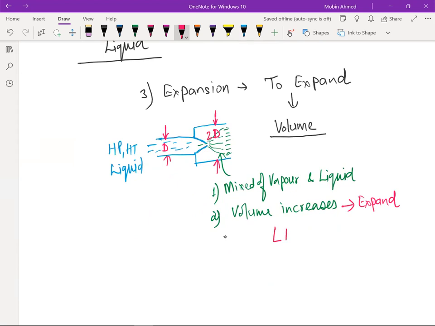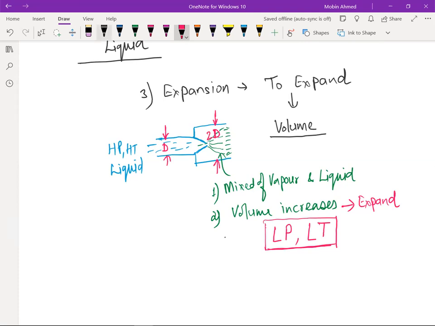It is going to be low pressure. And the temperature also is going to decrease. So it is going to be LT and LP. Both will be there during the expansion. Temperature drops and the pressure is also going to drop due to the expansion. So this is known as the expansion.